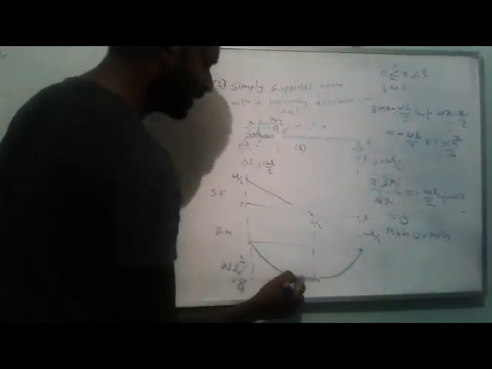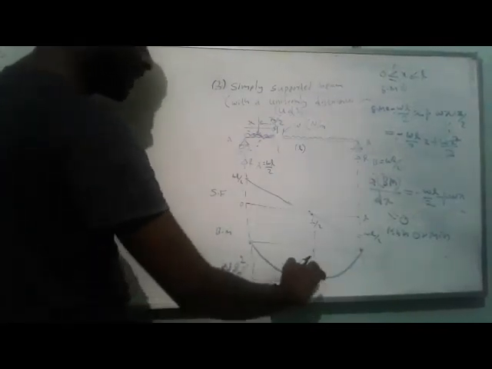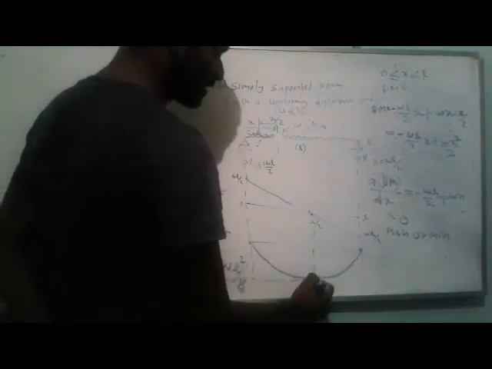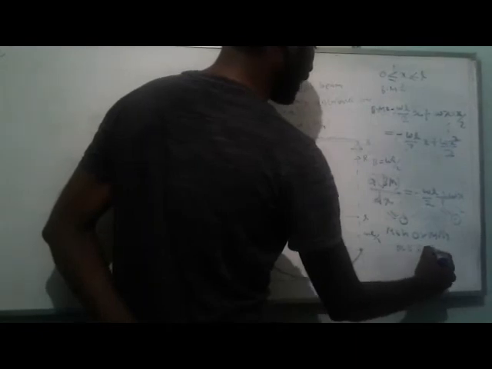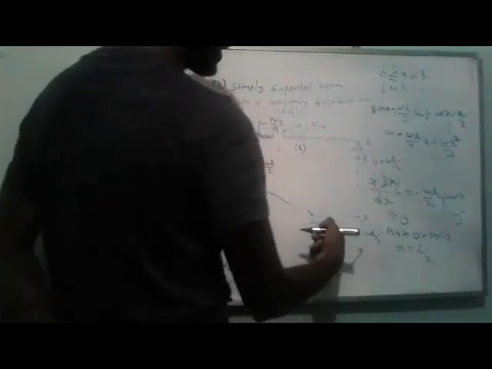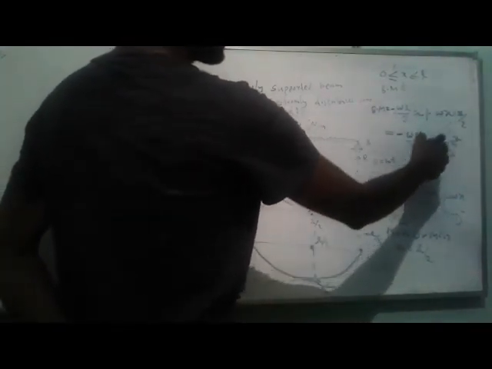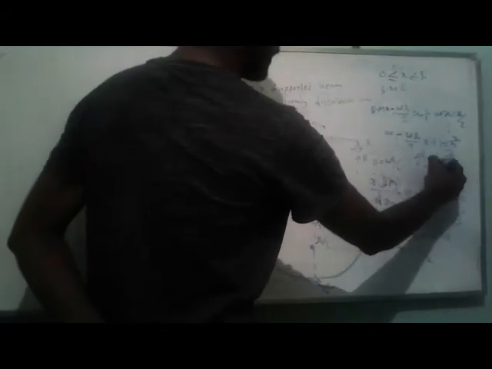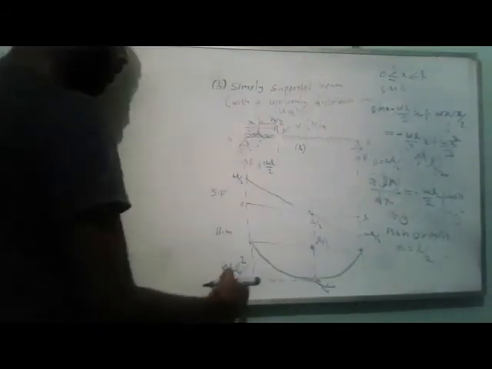Then if this is 0, we get a maximum or minimum. In a parabolic variation, this is the minimum value, but the bending moment here is the maximum. Therefore, when you equate this to 0, you get x is equal to L over 2. That means this point is at L over 2. Then substitute this x value as L over 2, and you get WL squared over 8.